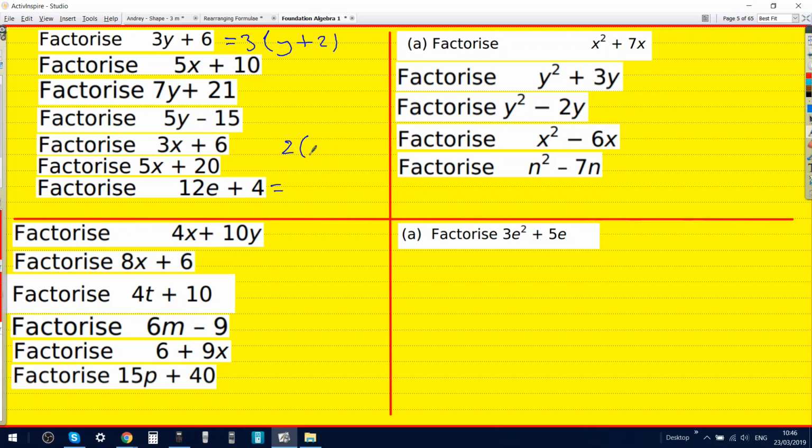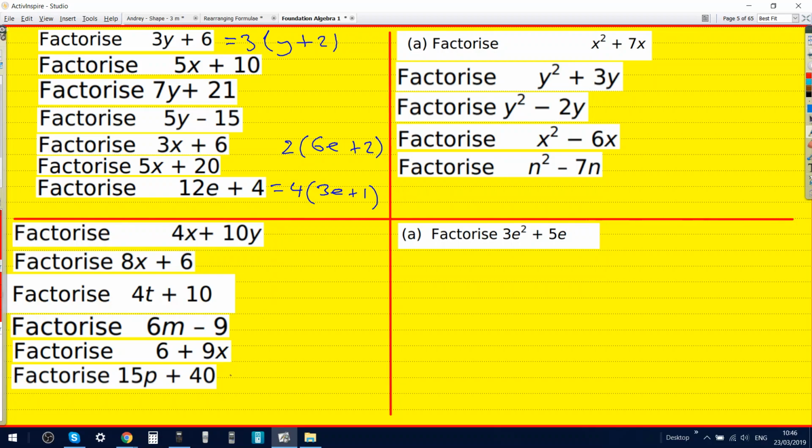And then 6e in the middle. Sorry, 6e plus 2. Can you factorize it again? Could you do it into 4s? Yeah. So it'd be 4 on the outside, 3e plus 1. Well done.